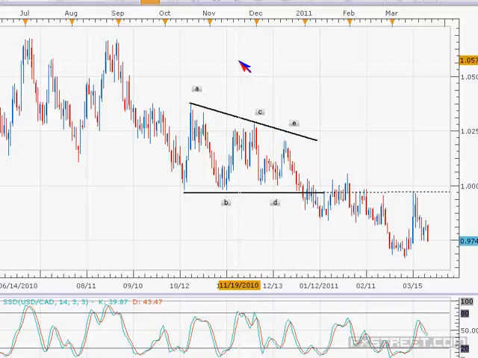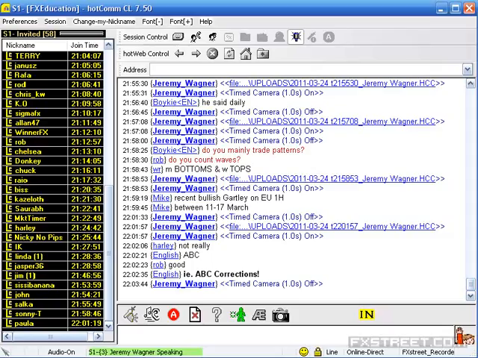Before we get to that one, Mike says a recent bullish Gartley on the euro-dollar 1 hour chart. So while you guys are typing in an ABC pattern to take a look at, let me take a look here at this euro-dollar 1 hour bullish Gartley.